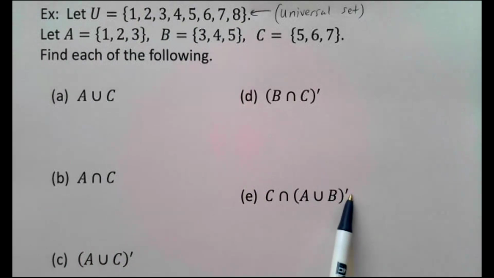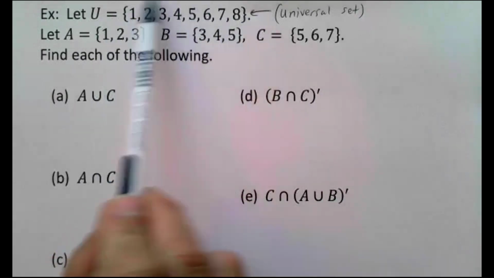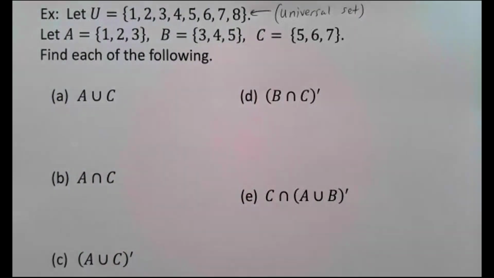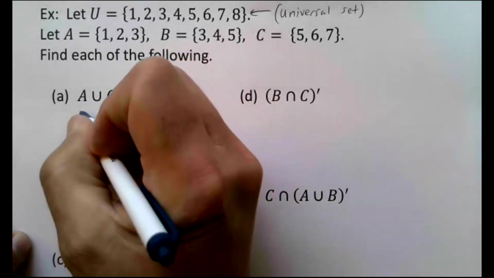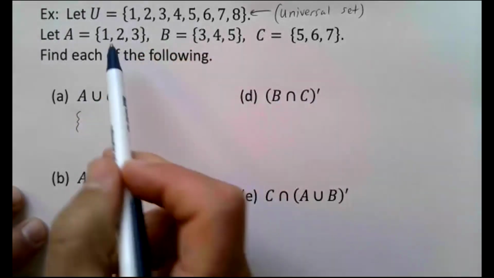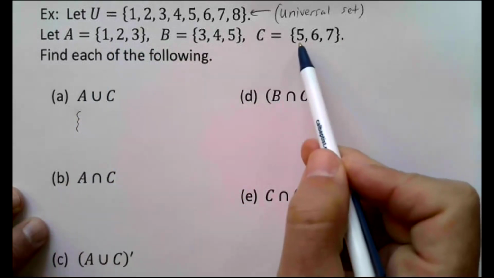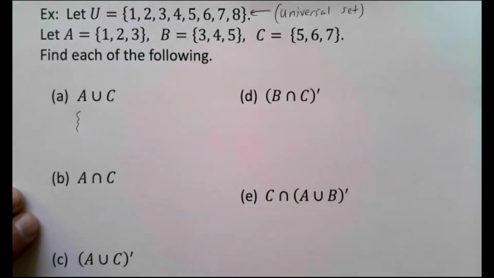Okay, so this apostrophe thing here, that's something we learned in an earlier section. When we start looking at complements, we're going to need to refer to the universal set. But for the first question, it says A union C. Remember that to get into the union of two sets, you just have to be in one or the other. You don't necessarily have to be in both. You're taking everyone in A and sticking them in there, and also taking everyone in C and sticking them in there.